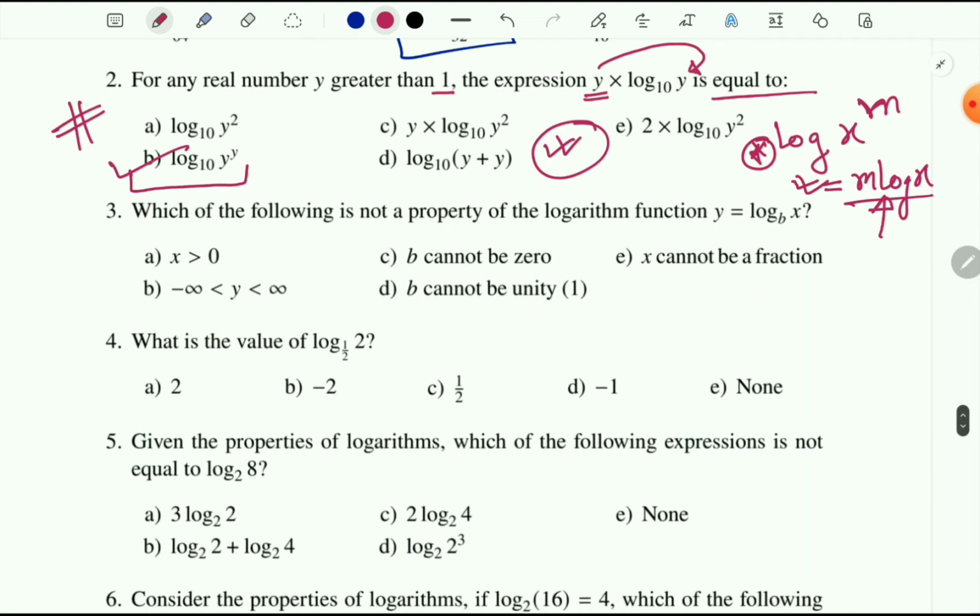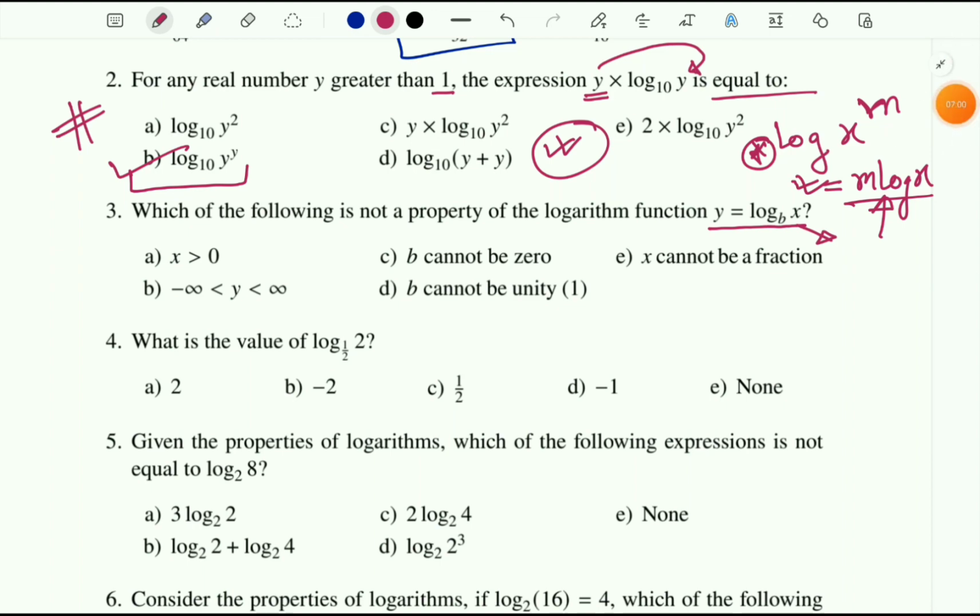Okay, let's study problem number 3. Which of the following is not a property of the logarithm function y equals log base b of x? This is another problem created from the basics. To solve this problem, you need to study the basic properties of logarithm, otherwise you cannot solve this.